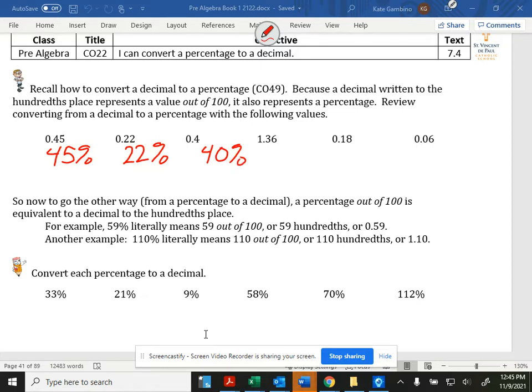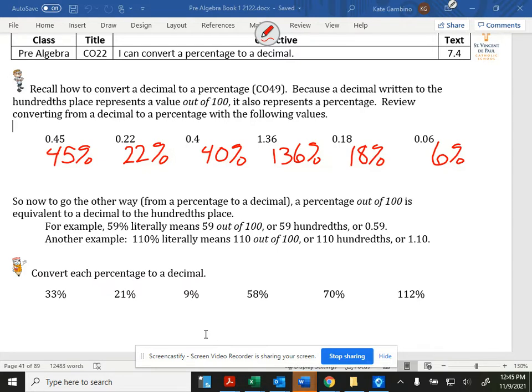How about 1 and 36 hundredths? Ethan? 136%. What about 18 hundredths? Naomi? 18%. And what about 6 hundredths? Leah? 6%. Okay, so we've got that.